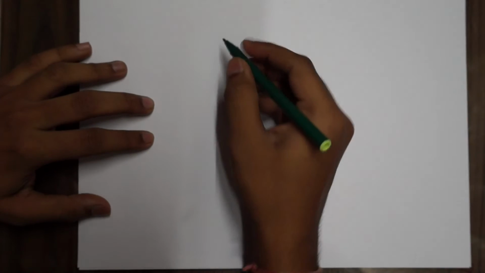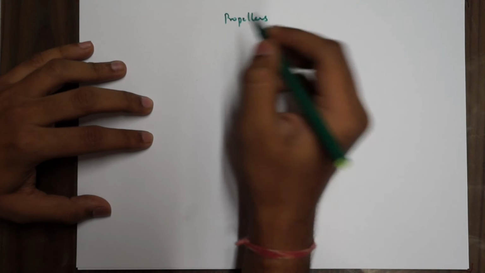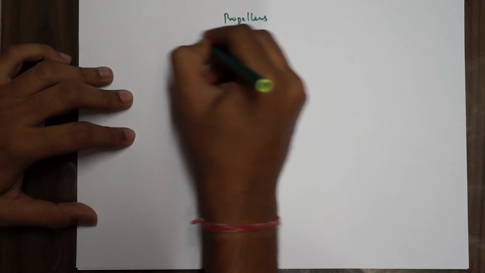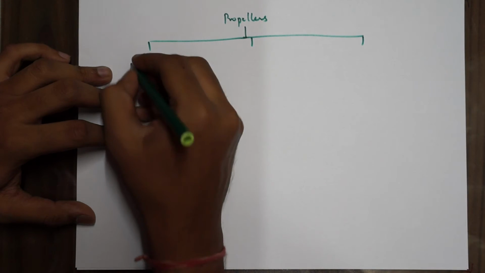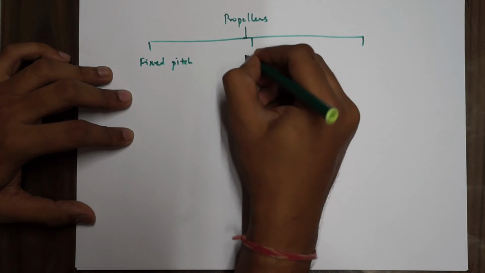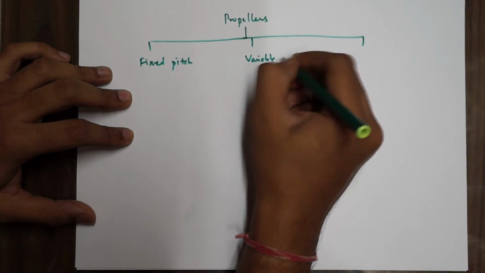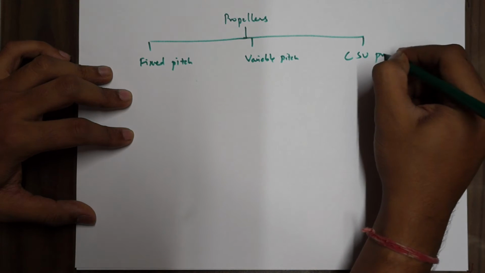Okay, so let's go on to the last but smaller part of propellers. It comes more under the piston part, but it's okay, we can discuss it right across. Propellers are divided into three categories here: fixed pitch, variable pitch, and CSU propellers.